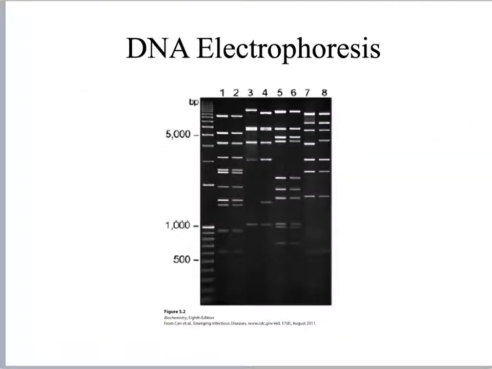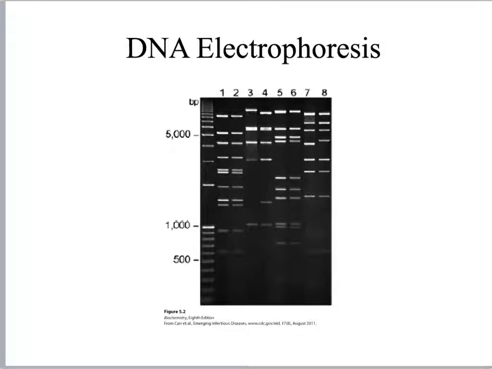So once you break down your DNA into smaller fragments, what do you do with it? Well, you run DNA electrophoresis. Remember that the phosphodiester backbone of DNA is negatively charged. That negative charge helps stabilize and protect the DNA backbone from nucleophilic attack. It keeps it together.